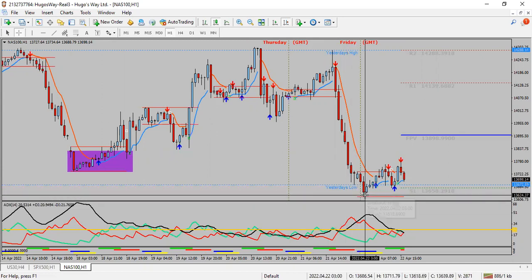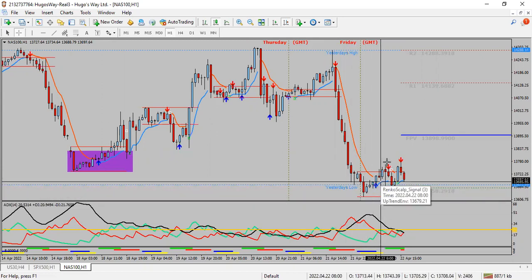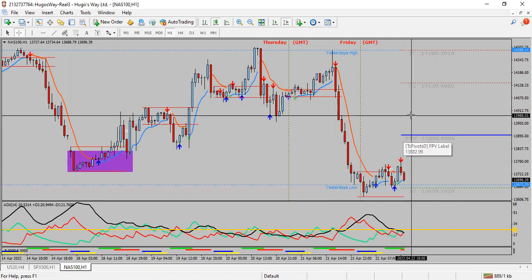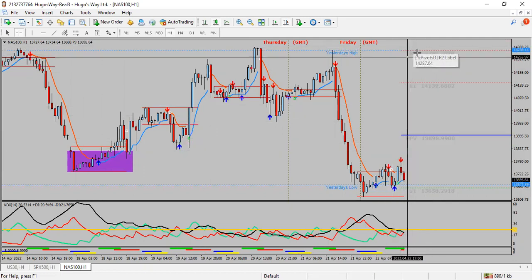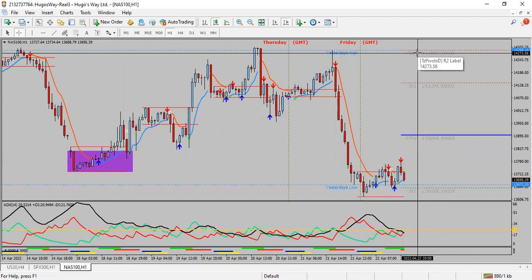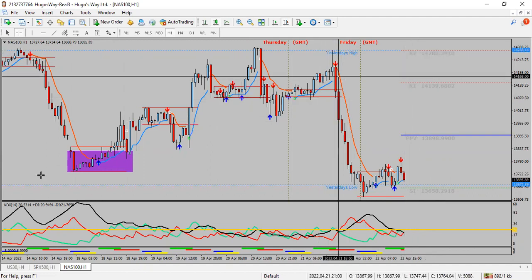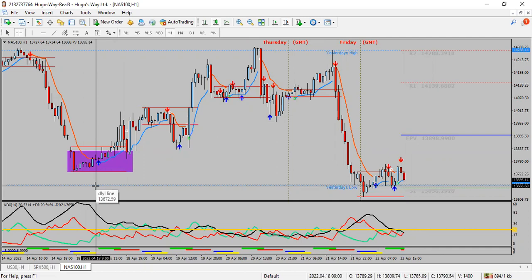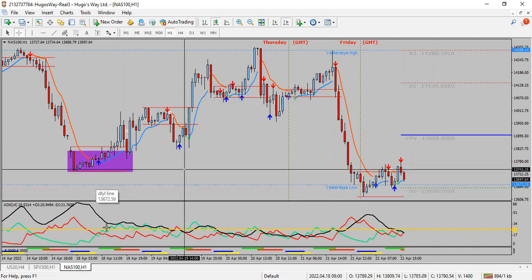After it makes that new low in the market, then we can look to take price back up to the upside, at least 50% or halfway, or all the way back up. So that's Nas for the week.